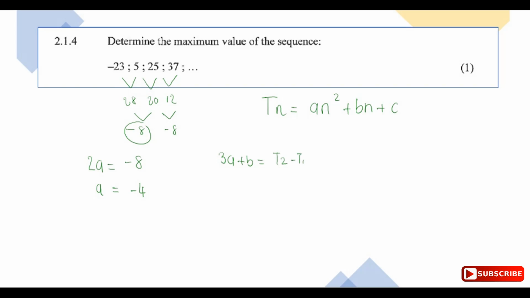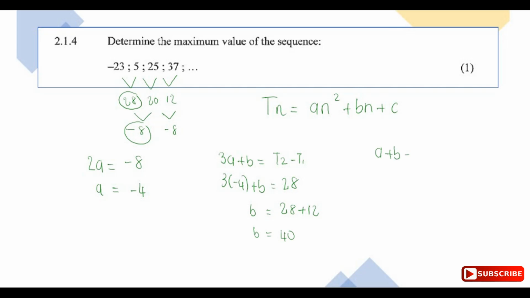All right, so your t2 minus your t1 is equal to 28. So your 3 times -4 plus b is equal to 28, right? Therefore your b is equal to, you're gonna simply solve this, guys. So your b is 28 minus 28 plus 12, which is equal to 40. Okay, so your b is equal to 40, and your c is going to be different, guys.